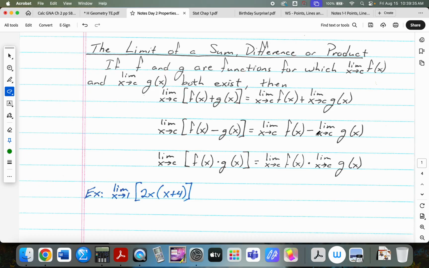The limit of the difference of the two functions is the difference of the two limits. And if we're taking the limit of the product of those two functions, we can simply find those two limits separately and then multiply them together. And we're good to go on any of those. Notice what's conspicuously absent at this point. Yeah, division's absent. We're going to talk about that in a minute.